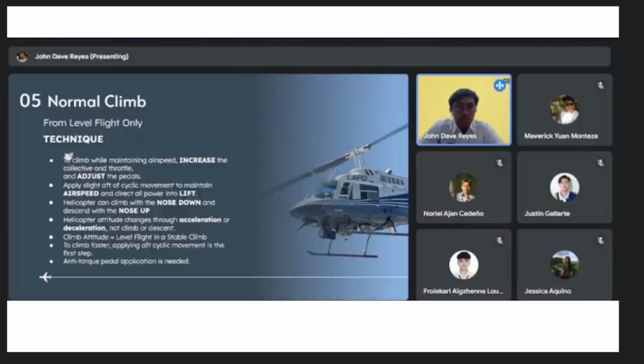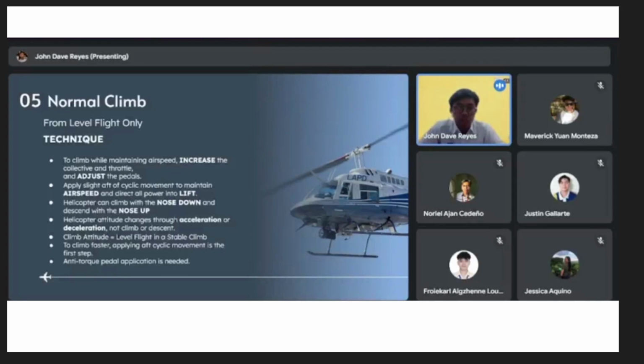So for the techniques, first, to climb while maintaining airspeed, increase the collective and throttle, and adjust the pedals as necessary to maintain a centered ball in the slip or skid indicator. And then apply slight aft cyclic movement to maintain airspeed and direct all power into it.